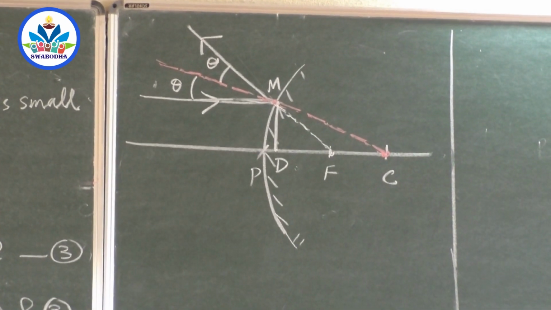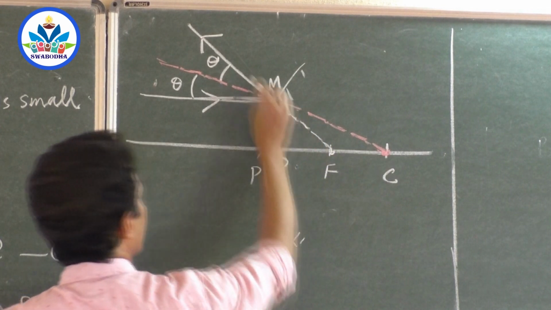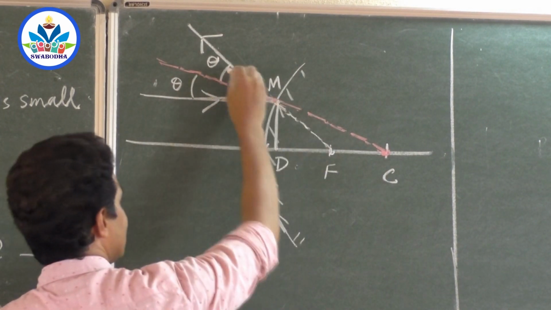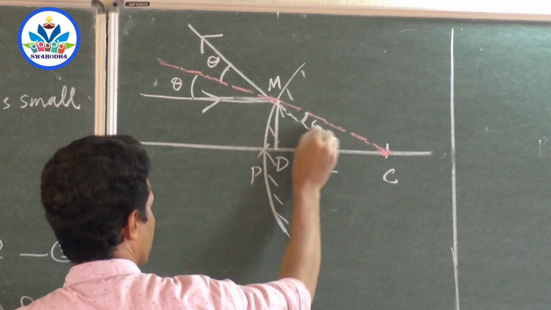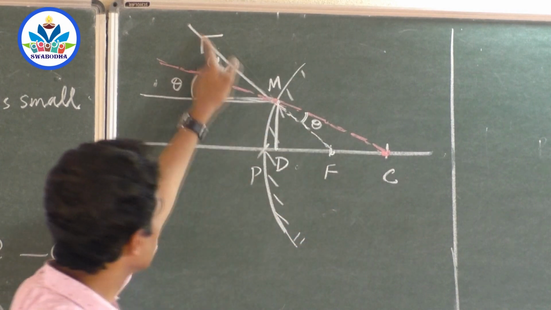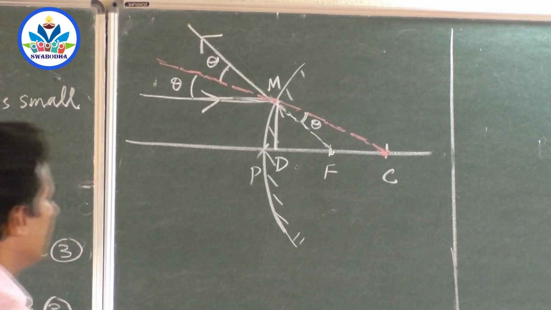Now try to get theta and 2 theta. Now you see, a straight line normal and reflected direction normal, this one proceeded here. This is theta, this should be theta. Correct? A straight line, vertically opposite angle, theta.